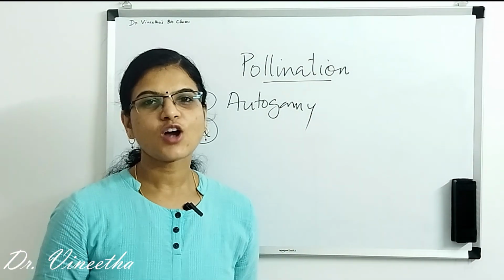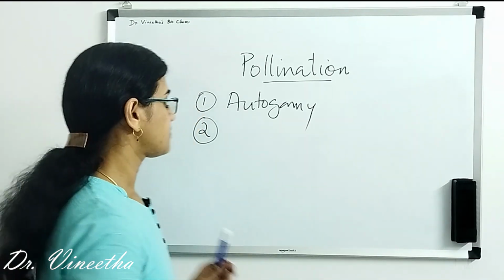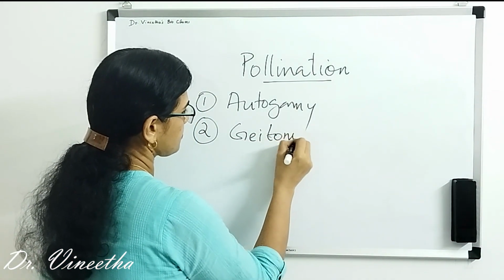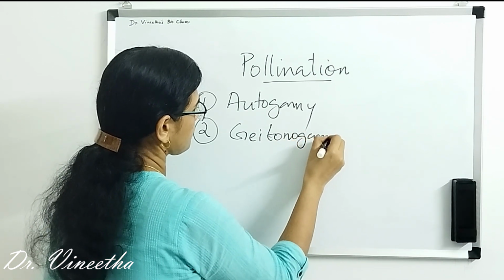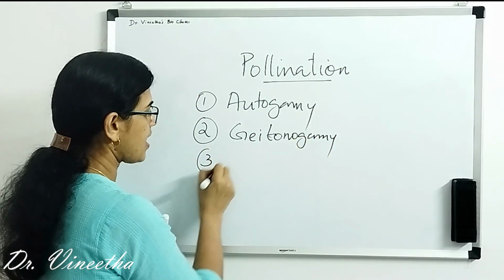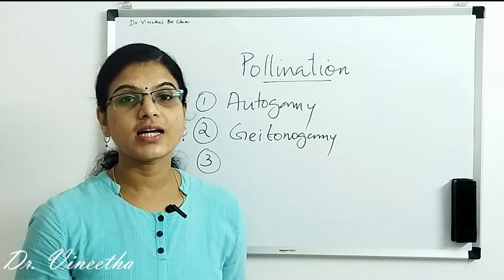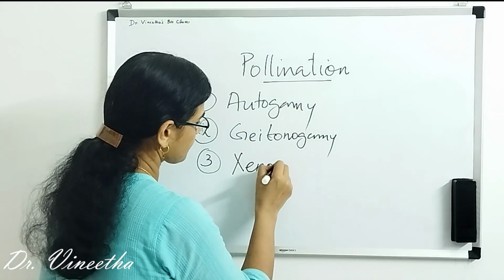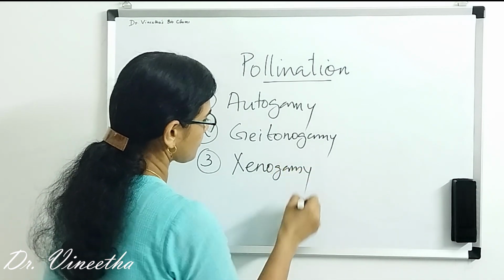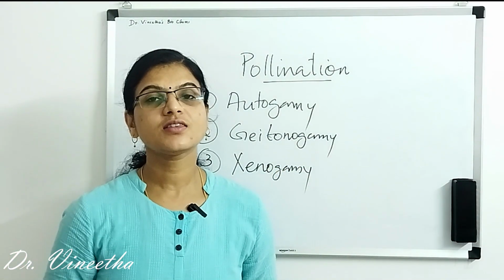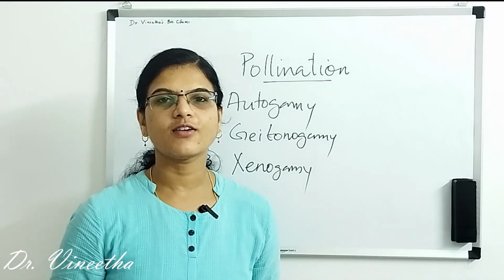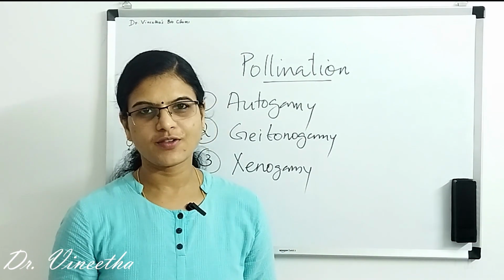Second one is called Geitonogamy. And third one is known as Xenogamy. These are the three types of pollinations, based on the source of the pollen grains.